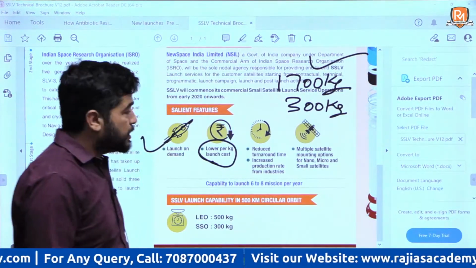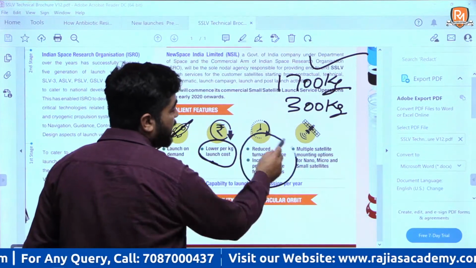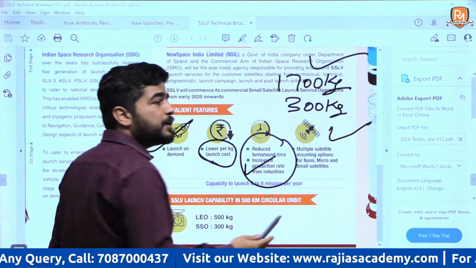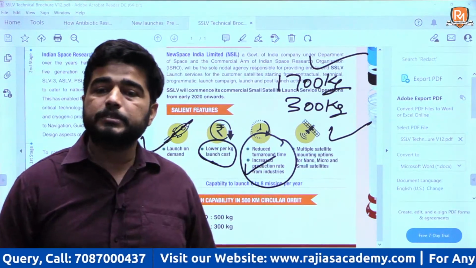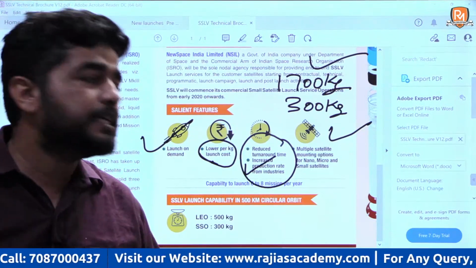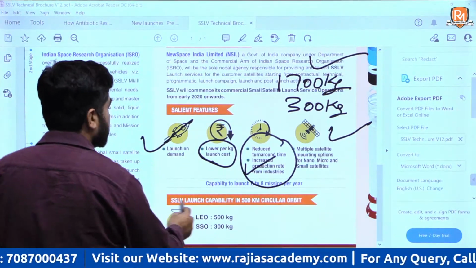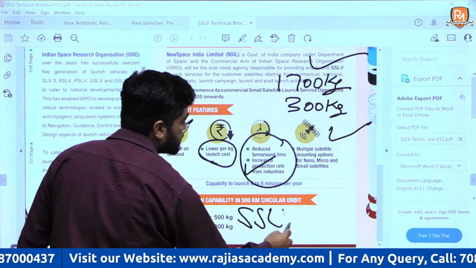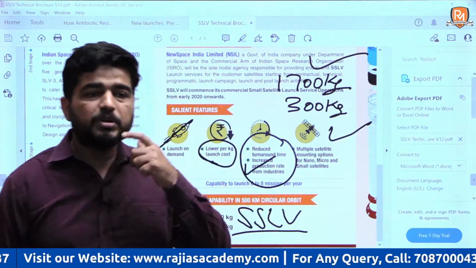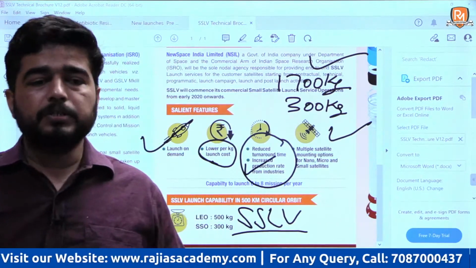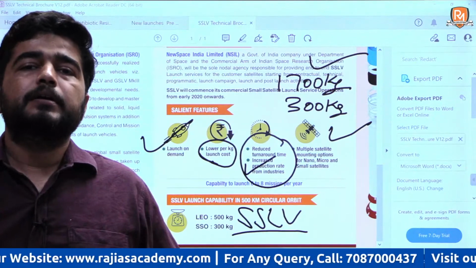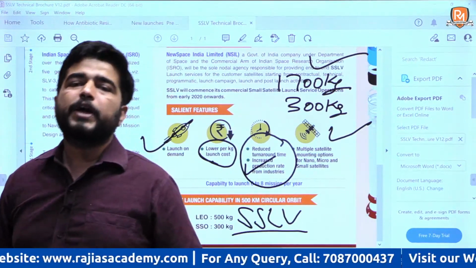To reduce the time and increase the production rate, nano satellites of 1 kg, 2 kg, 3 kg can be launched by this small satellite launch vehicle, SSLV. This is in the pipeline, and the commercial branch of ISRO is marketing it as a ready-to-use vehicle for any launch.